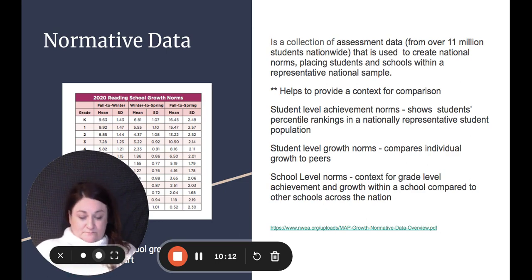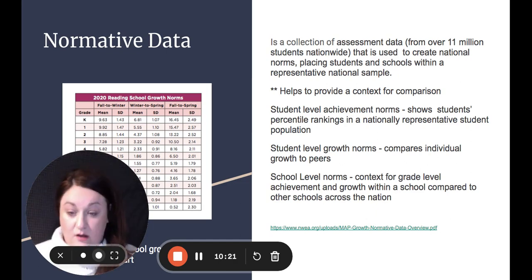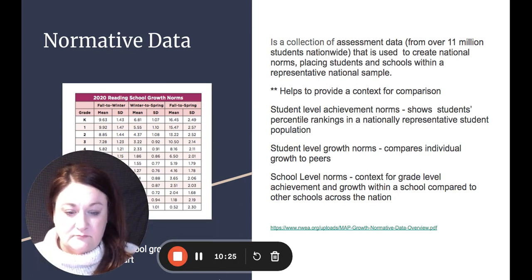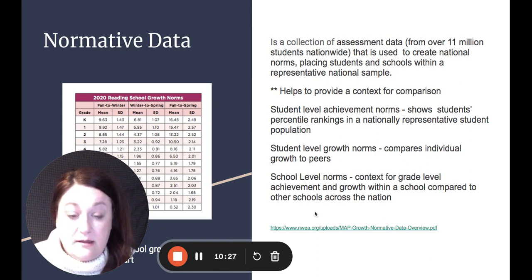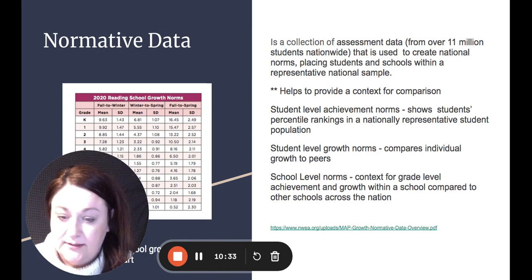And last but not least, we have school level norms. This gives us a context for grade level achievement and growth within a school compared to other schools all across the nation. Once again, there is another link below if you wanted to look at some other examples of what our normative data charts look like.